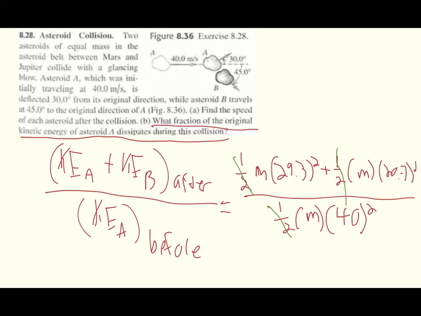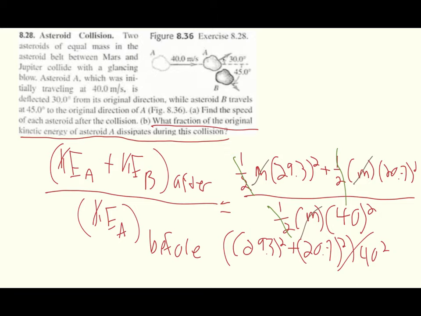All we're really doing is taking 29.3 squared plus 20.7 squared and dividing the sum by 40 squared. We get 0.804, so 80.4% of the original energy is left after the collision.